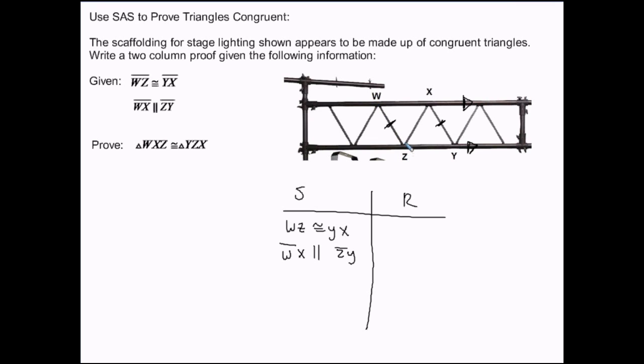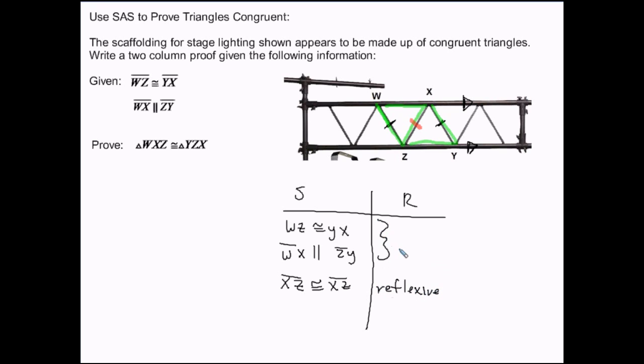And we're looking at trying to prove WXZ is congruent to XYZ, these two triangles. Okay. I know that this length is the same as itself from the reflexive property. So I'm going to use that. XZ is congruent to itself because it's reflexive.